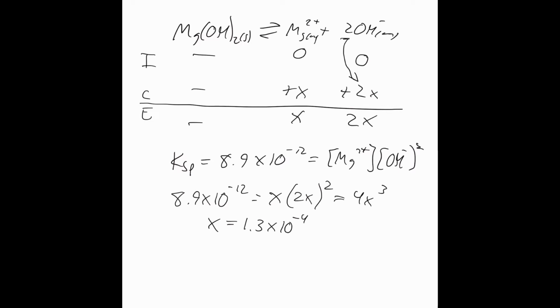Since x is the equivalent of our magnesium 2 plus concentration, that means the magnesium 2 plus solubility is 1.3 times 10 to the minus 4 molar. So no matter how much magnesium hydroxide we add to the water, that's going to be our concentration.